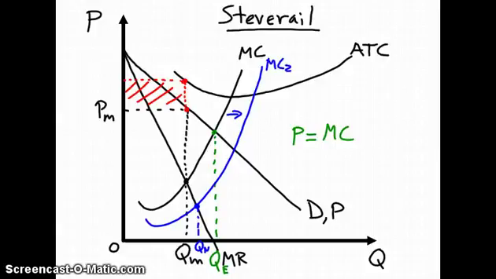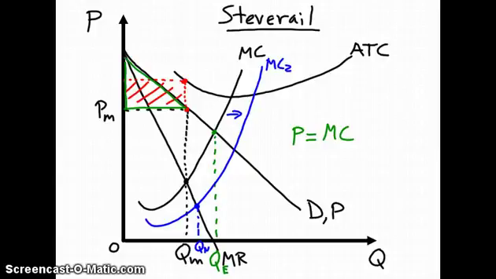The next part wants to know what has happened to consumer surplus from this change. So to see what's happened to consumer surplus, first of all, let's look to see what consumer surplus used to be. At QM, the consumer surplus is the area below the demand curve but above the price that they pay. So it would have been this area outlined in green.